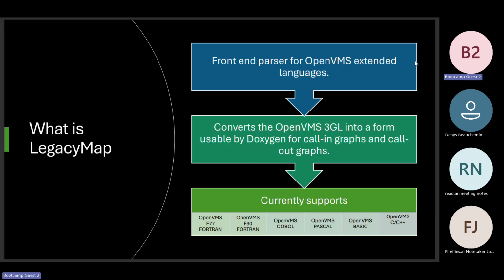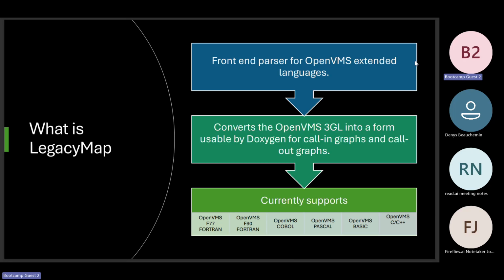So what we do with LegacyMap is that it's a front-end parser. We read the code, the OpenVMS COBOL, and we create an environment out of that code for each file that contains all the information that Doxygen needs to know how to document, how to relate those files together.